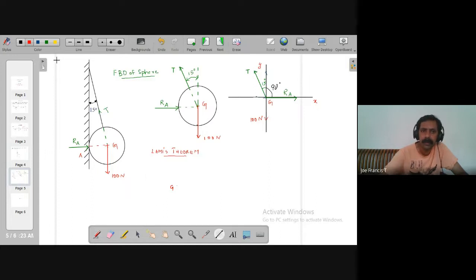Now there are again three forces, right? One force is RA, like this, right? Then another force, which is T. From here you have a force like this, which is T, and then one force vertically downward.